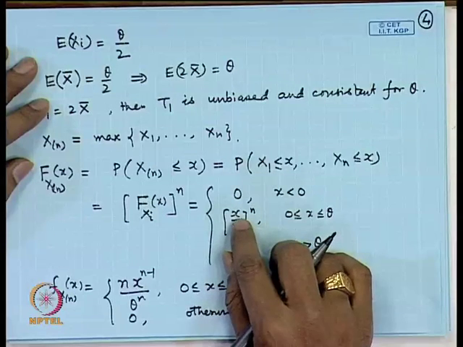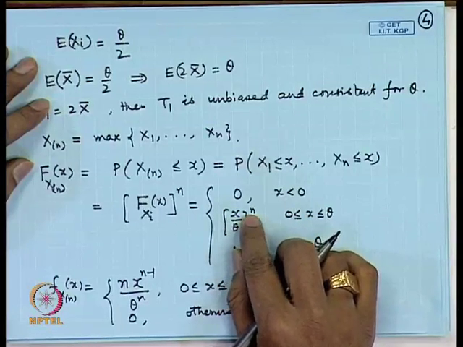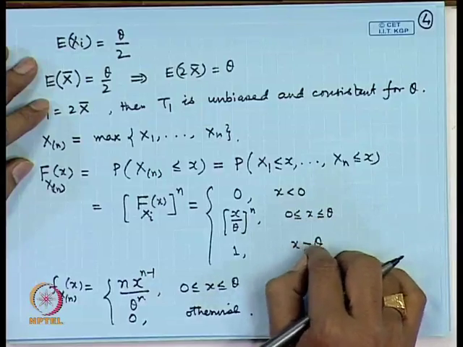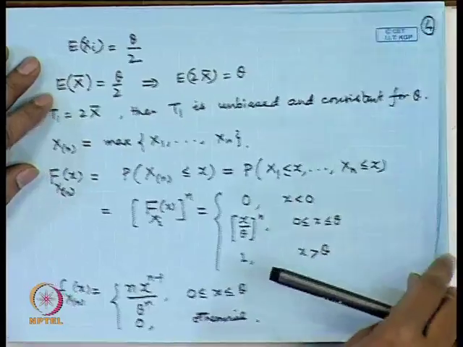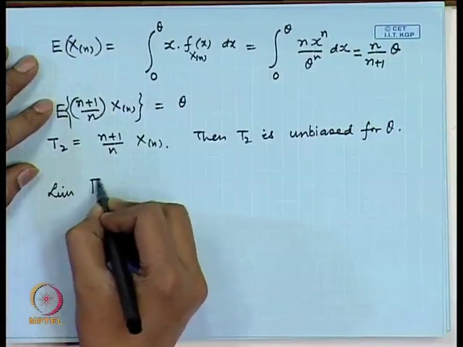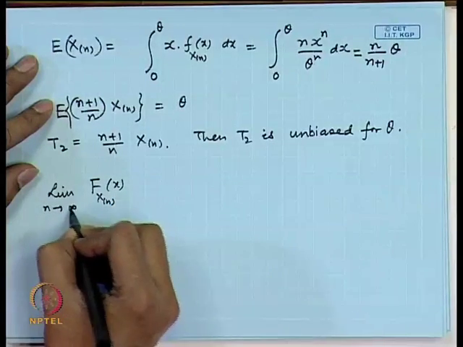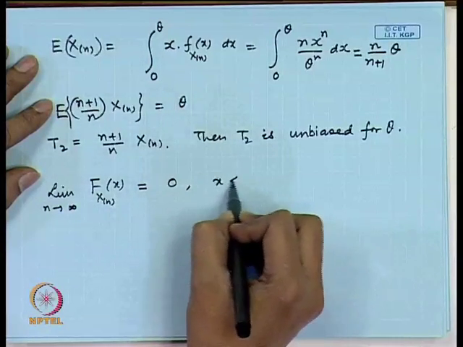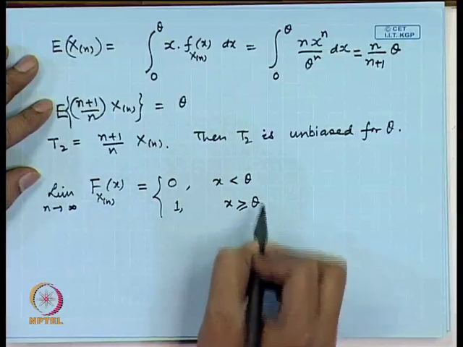So, this value will tend to 0 if x is less than theta, and whenever x is greater than or equal to theta, it is becoming 1. So, if I consider the limit of f x n as n tends to infinity, then this is equal to 0 for x less than theta and it is equal to 1 for x greater than or equal to theta.